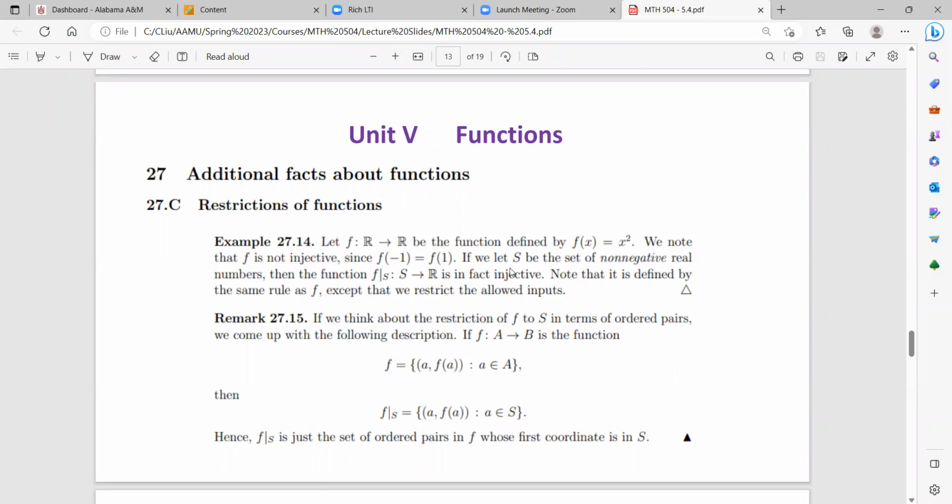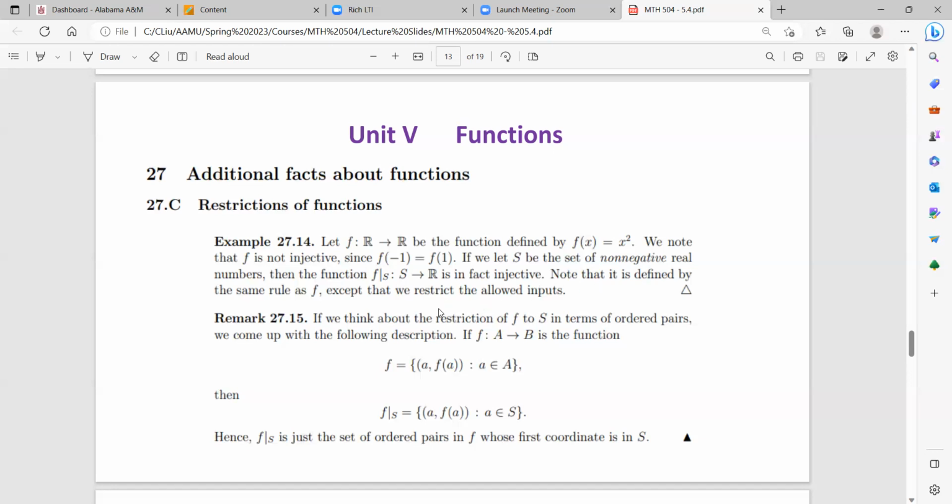So it's not a bijection, but if you just restrict the function to non-negative numbers in the domain, so let's define a subset S as the set of non-negative real numbers, then the new function f restricted to S, from S to R, is in fact injective and a bijection.